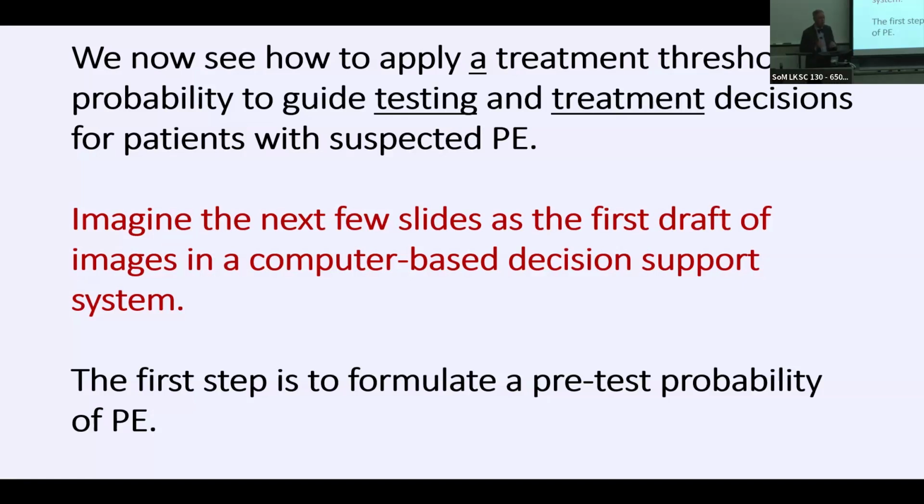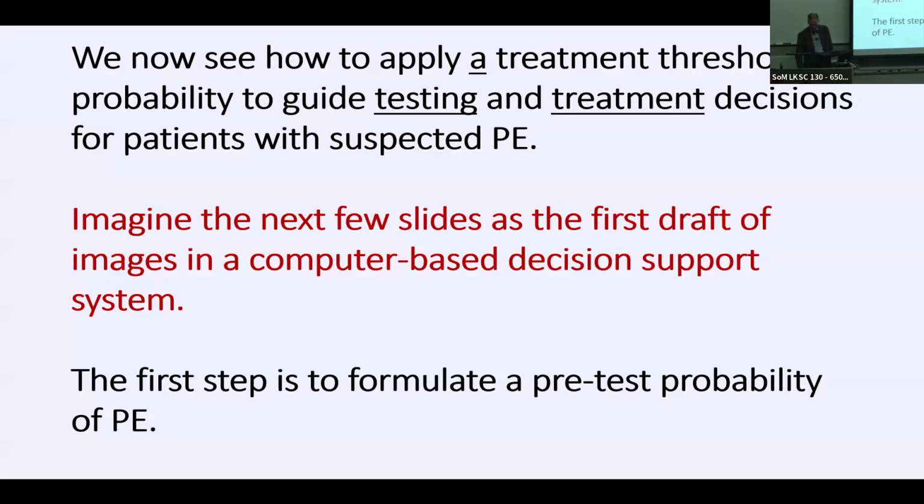What I want you to do is imagine the next few slides as taken from a computer-based decision model that has all kinds of bells and whistles attached to it, but the basics are what we're going to see here. And that's something that a student could follow and learn from, how to manage PE and how to think about decision-making under uncertainty.